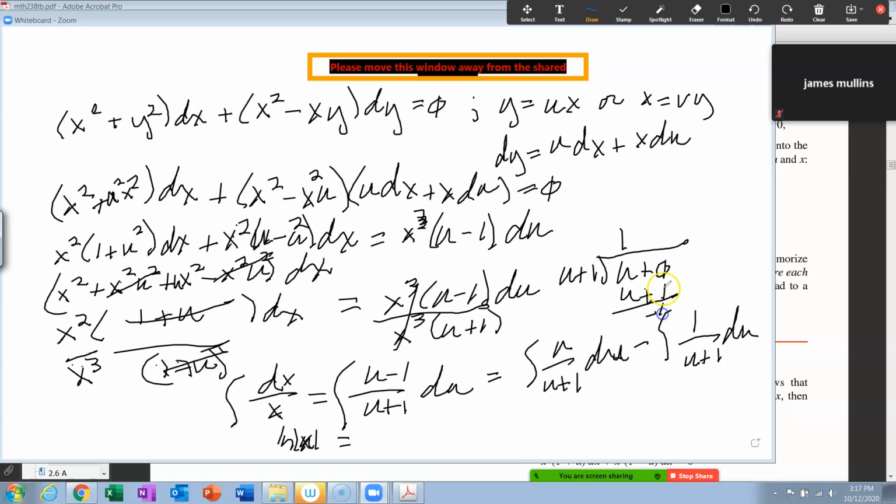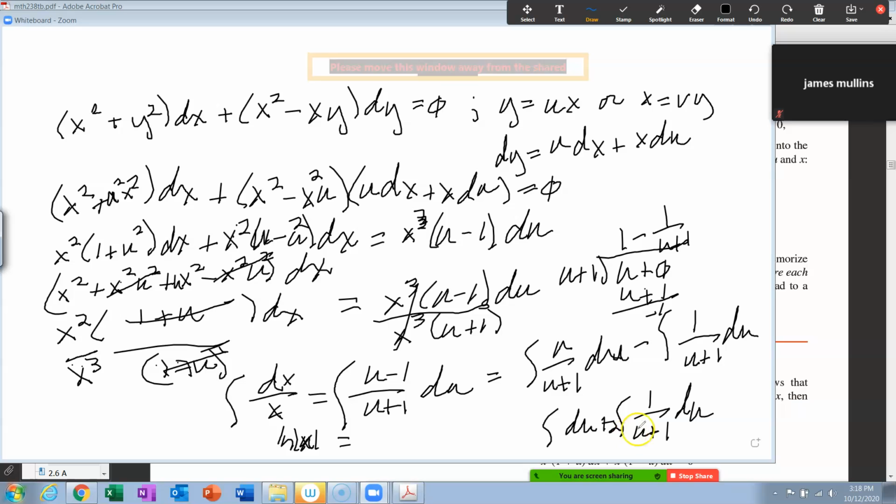Subtract, and you get a minus 1. So this will be a minus 1 over u plus 1. So this one will then be the integral of 1 du, which is just going to be du, minus the integral of 1 over u plus 1 du, minus another one, so that's going to be plus 2 of those, I think.